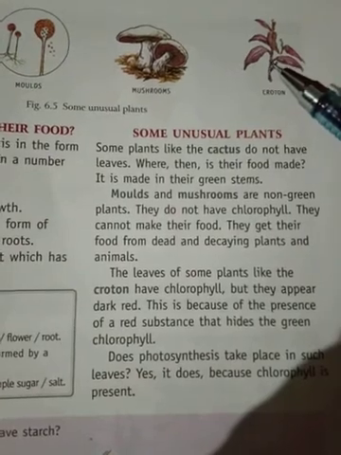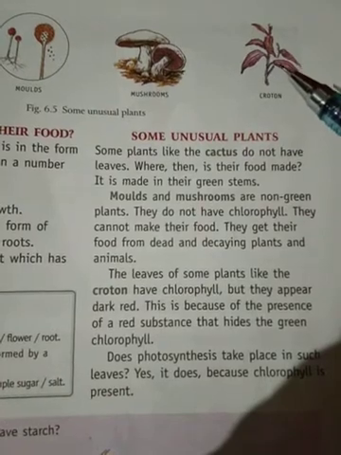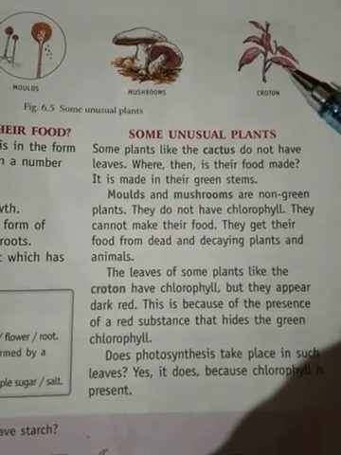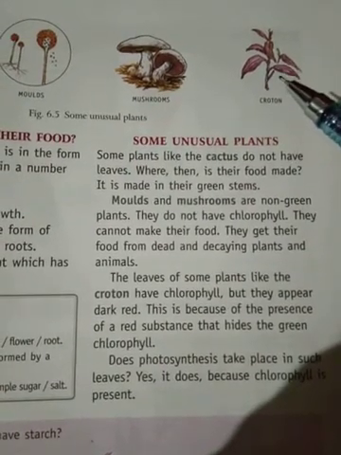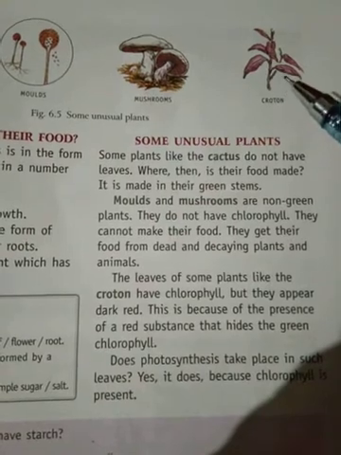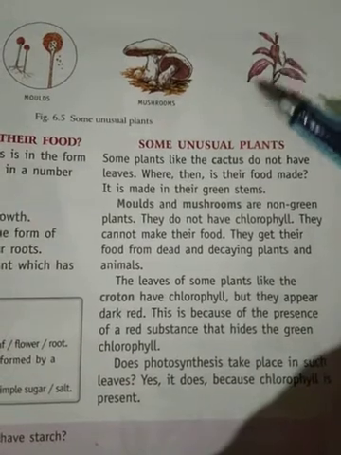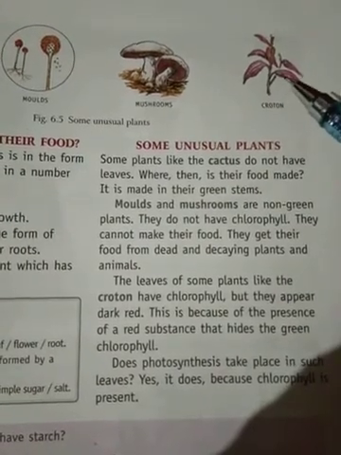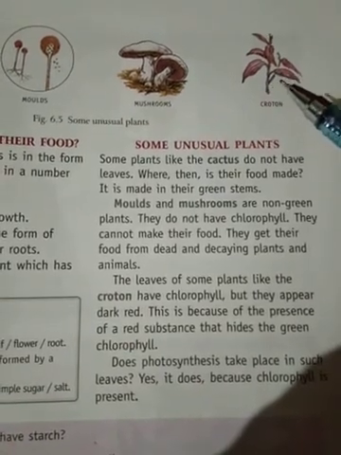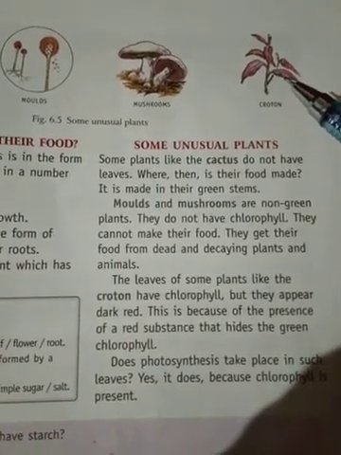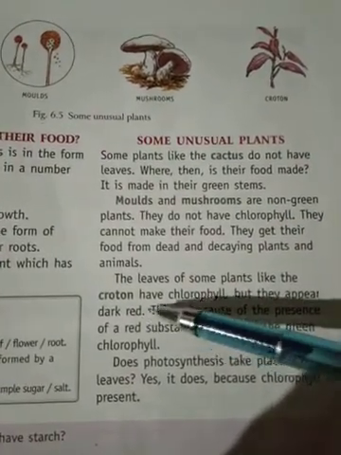Actually what happens here is there is another pigment which is responsible for the visibility of the red color on their leaf, but just below that red pigment there is another pigment called chlorophyll present, due to which these plants are capable of preparing their own food, but they don't look green since they are covered by some other pigment of red color. So they appear dark red.